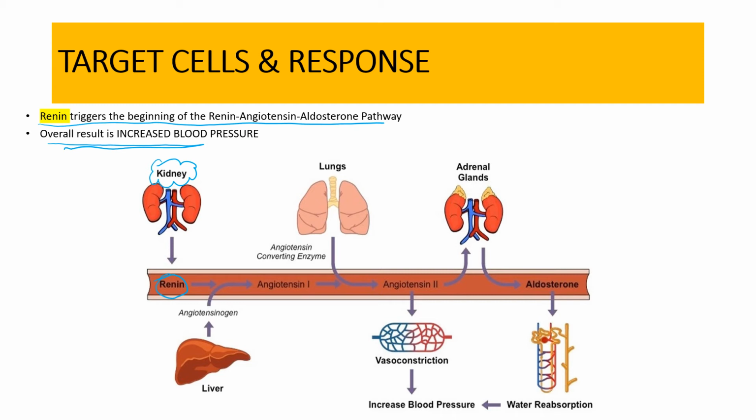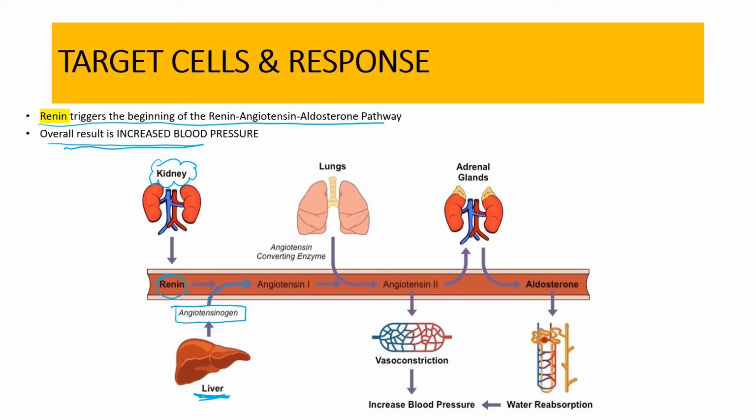So, the drop in blood pressure results in renin being secreted from the kidney. Now, the liver down here, it does a lot of stuff, and the liver secretes this molecule called angiotensinogen. And it's just always secreting the molecule. So we've always got angiotensinogen floating around in the blood.